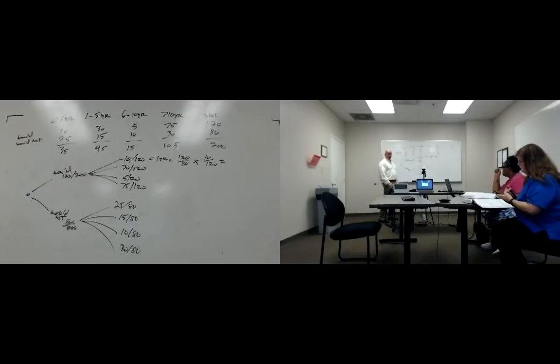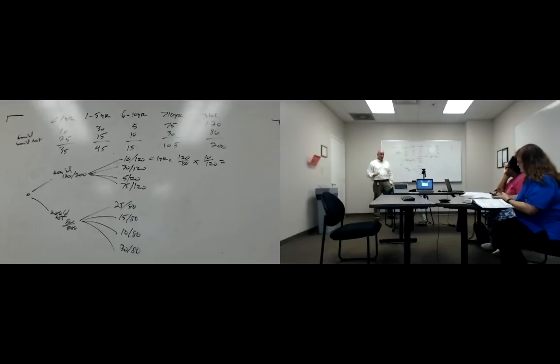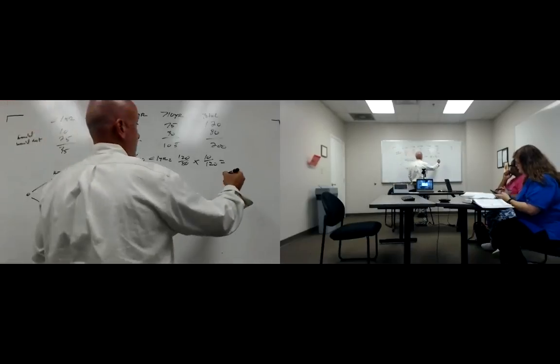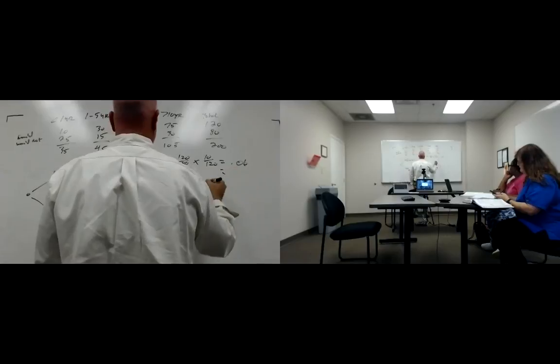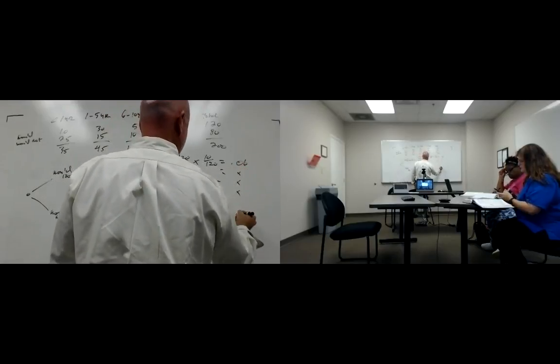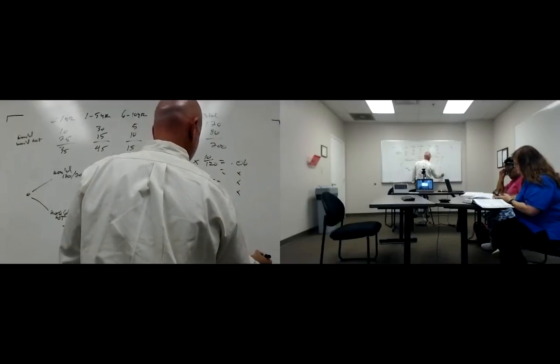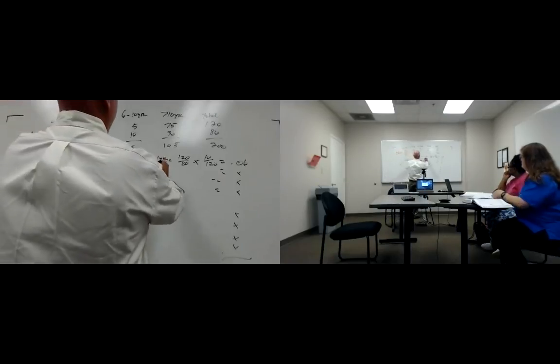This is our tree right here. I'm going to show you how we check this tree real quick. So what's 10 divided by 120? 0.06. If you solve each one of these out real quick, let's do that. What's here? 1 to 5 year.